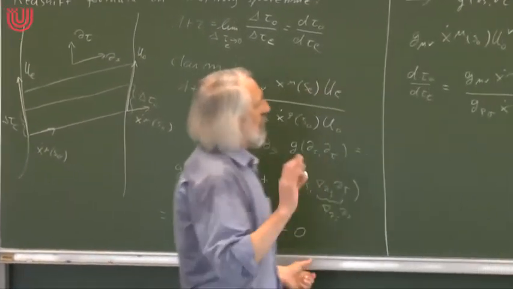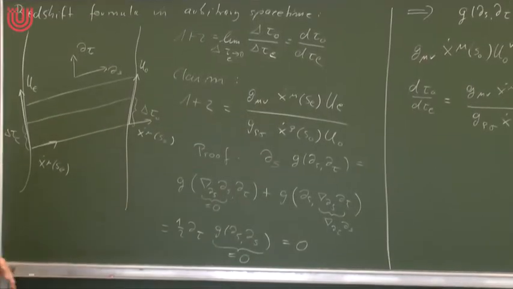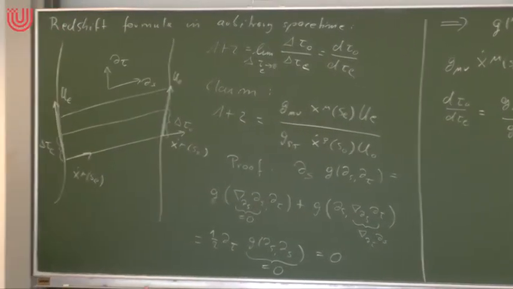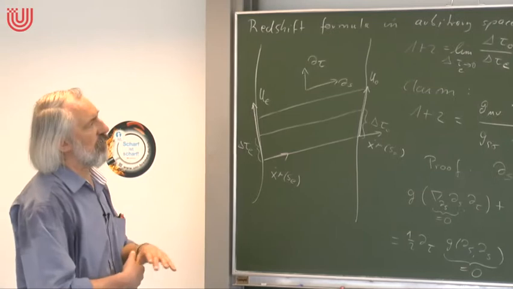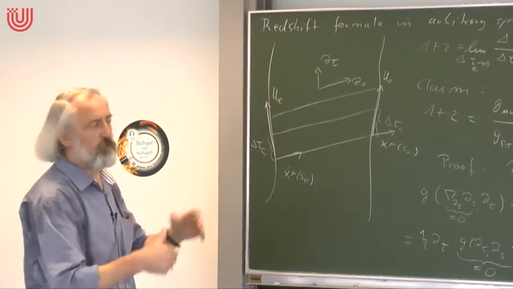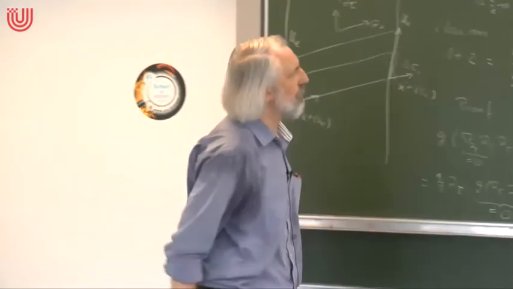Okay, and there are other proofs. In Schrödinger's book, for instance, Expanding Universes, there's another alternative proof. He uses a variational principle, a variational technique.